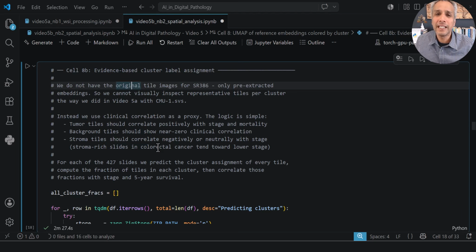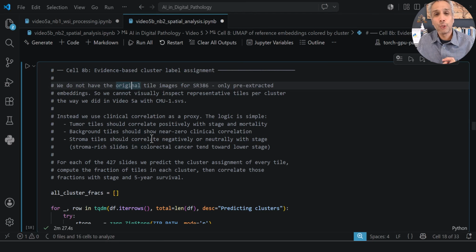We don't have the tile images, so this cell is a proxy. We are going to use clinical correlation as a proxy. Again, I explained the logic. Tumor tiles should correlate positively with clinical severity: tiles with tumor should correlate with higher cancer stage and higher mortality.